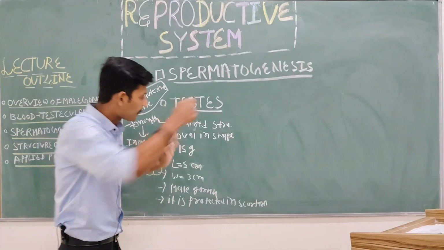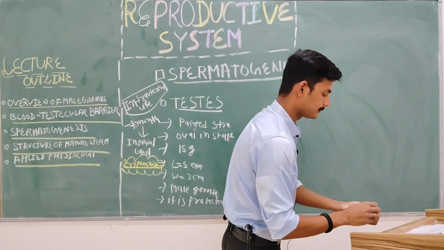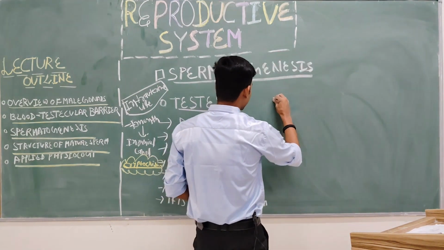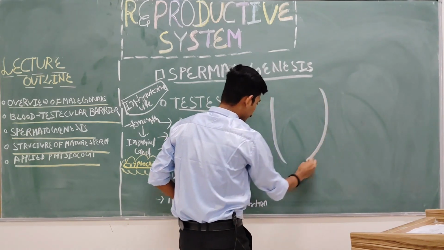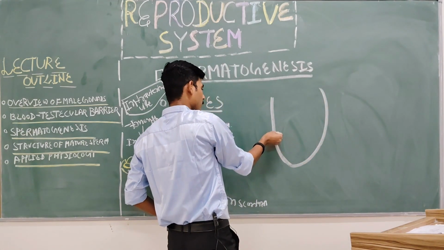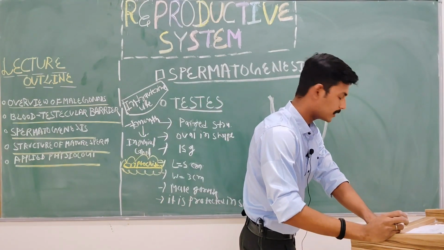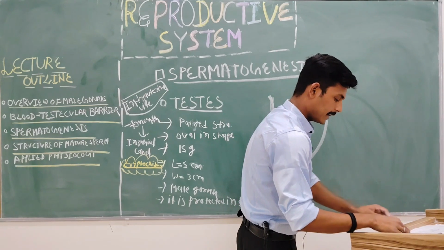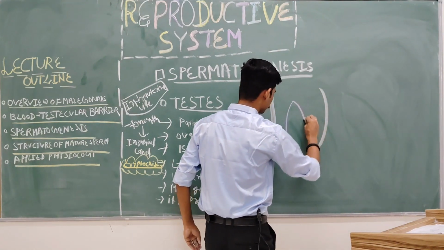Understood? No problem? Now come to the structure of the testis. As I said, the testis is situated in the scrotum. I am talking about after birth, and it is oval in shape.